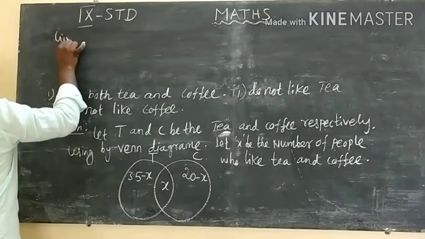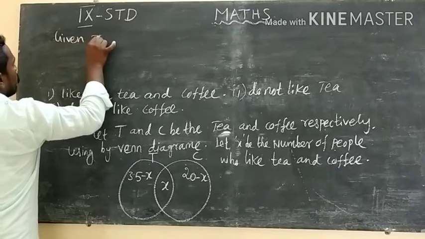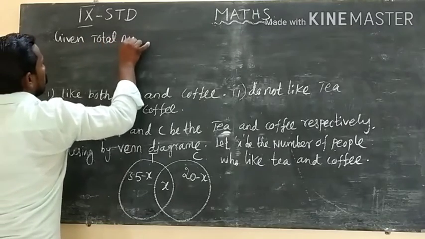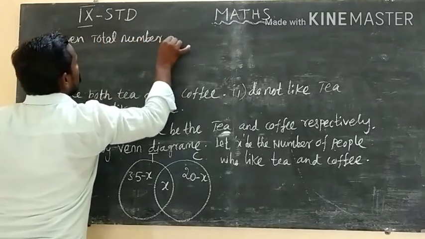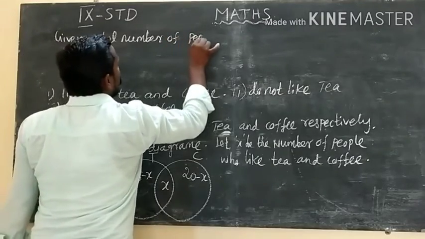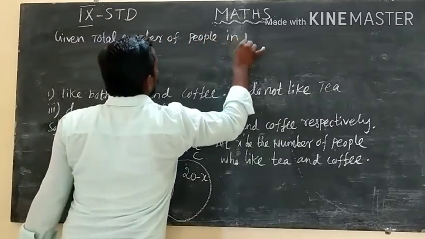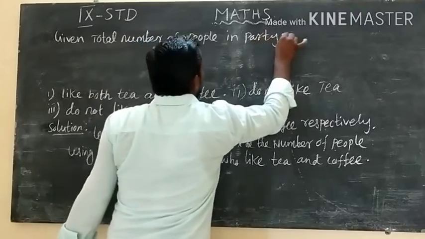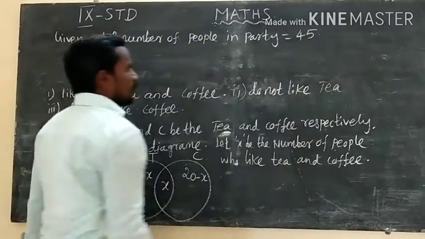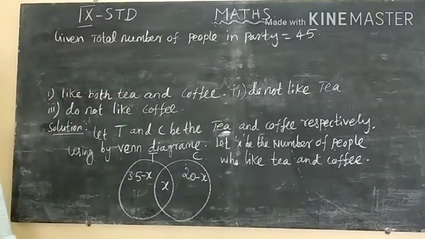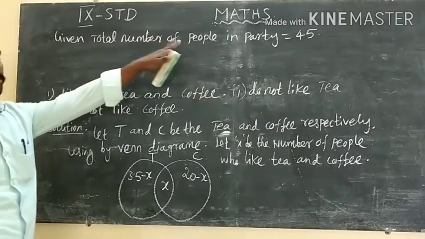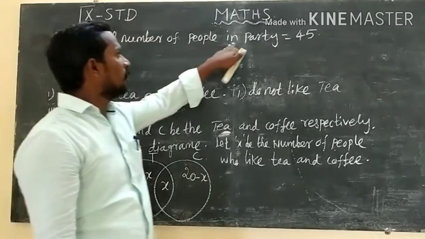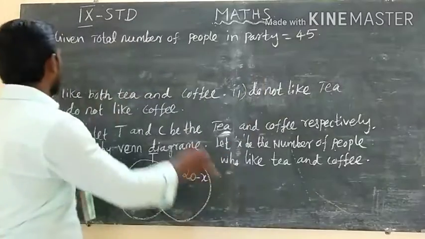Next, given total number of people in party equal to 45. This is given, taken from your question. The total number of people in the party is equal to 45.